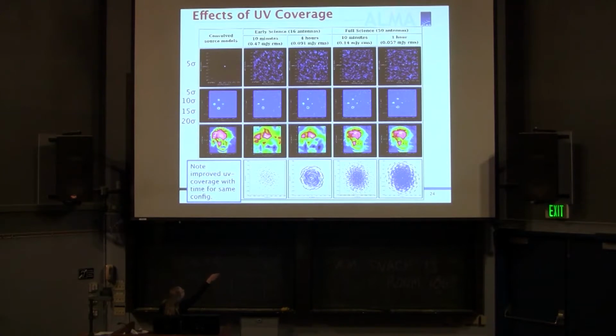And over here is full science for 10 minutes and 1 hour. So here, as you go from left to right, we have a signal that has a brightness of 5 sigma. And you can see as you go left to right, maybe it gets a little bit clearer. Here it's kind of a mess, it's asymmetric, but as you go to the right, it cleans up a bit.